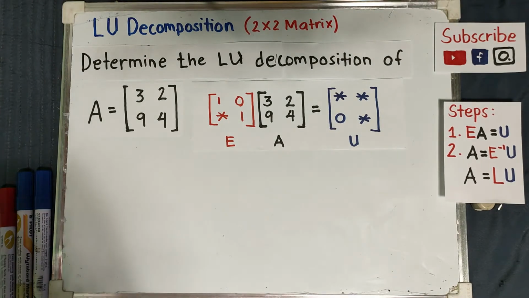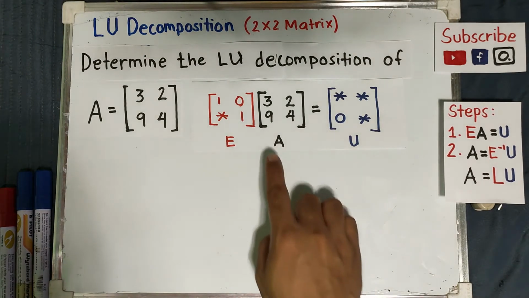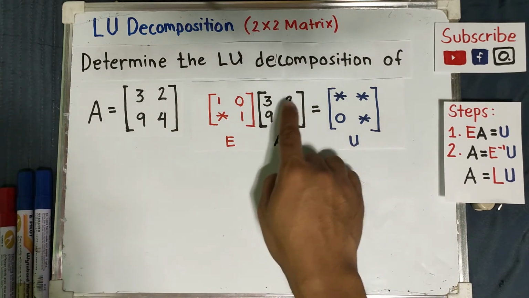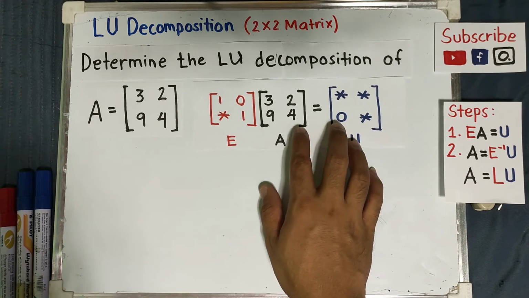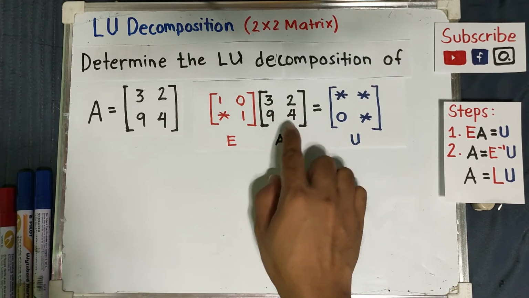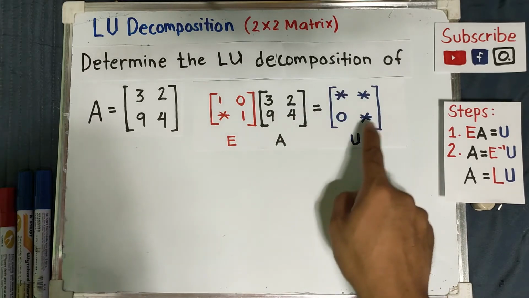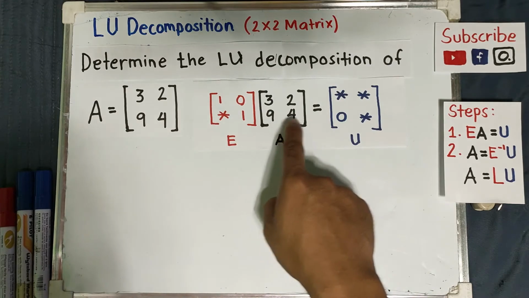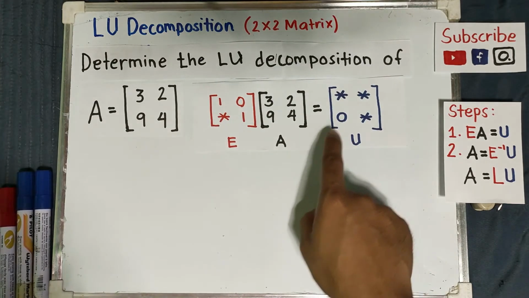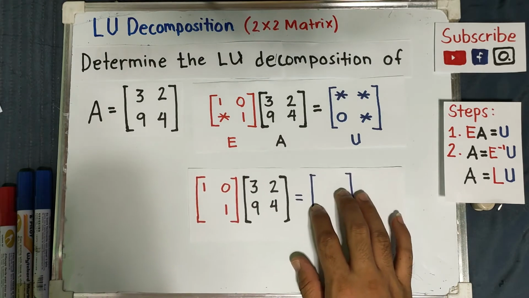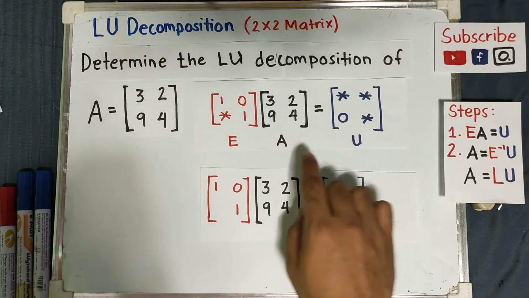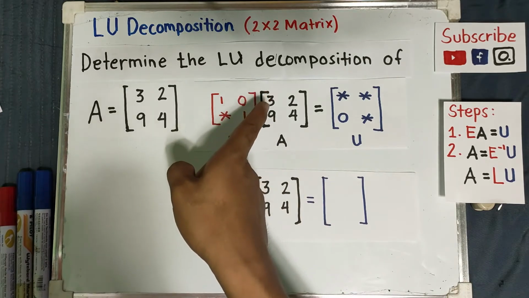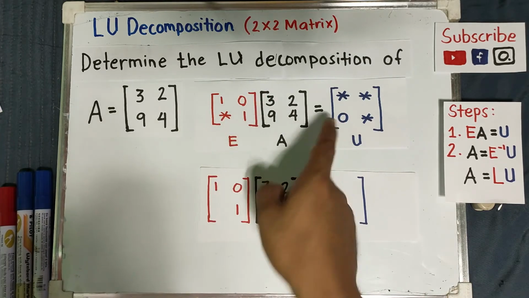The first thing that we are to do is perform a single row operation on the given matrix, right? We will process this matrix and make it an upper triangular matrix. The goal is to make the 2 become 0. How do we make it 0? What do we multiply by row 1 and add to row 2 to make it 0?